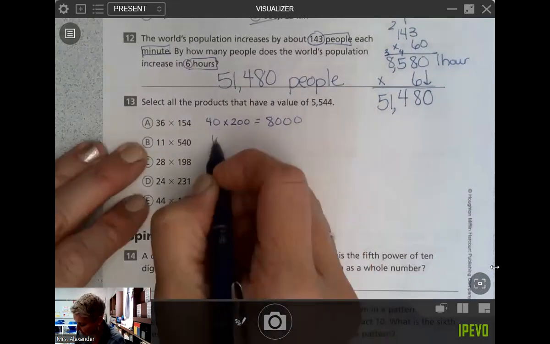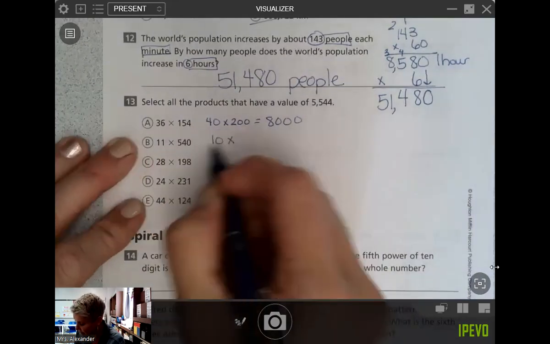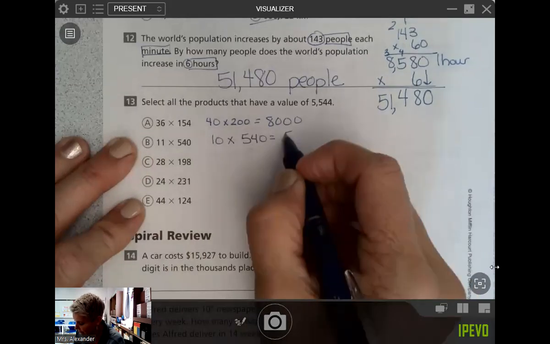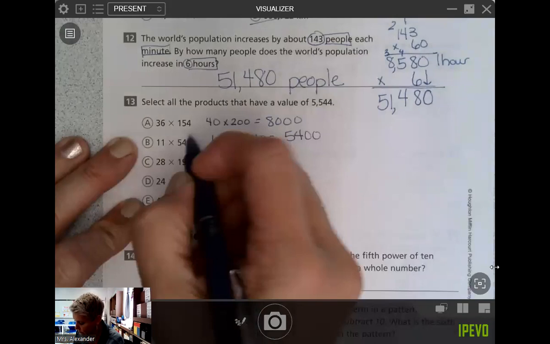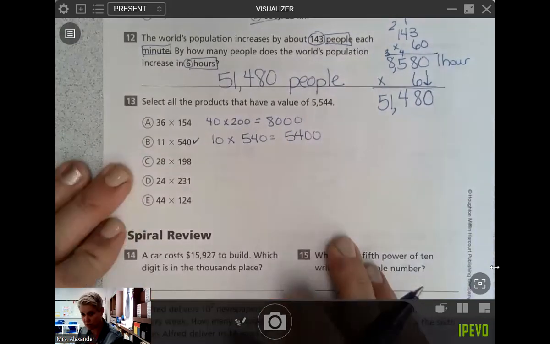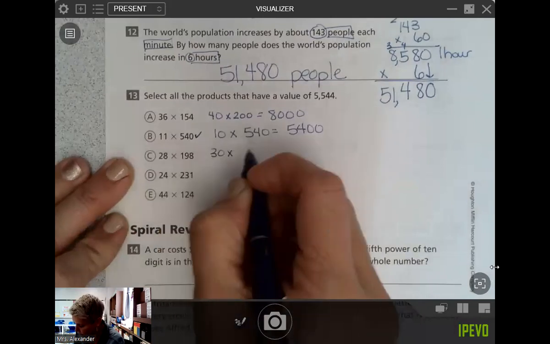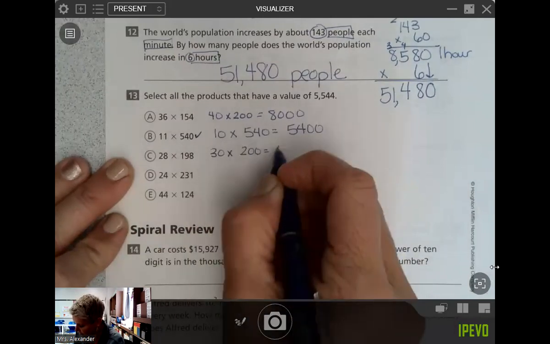This would be 10 times, I could even keep this 540 because that would be 5,400. I definitely want to check that one. I think that's going to be a good one. 30 times 200 would be 6,000.